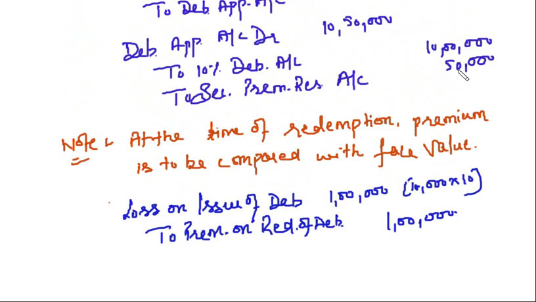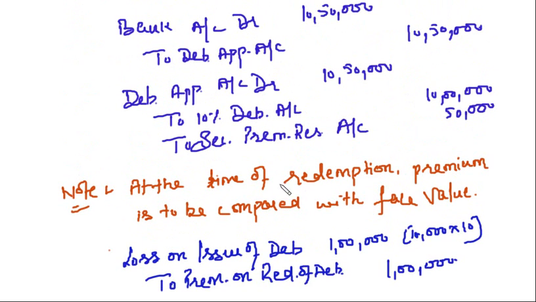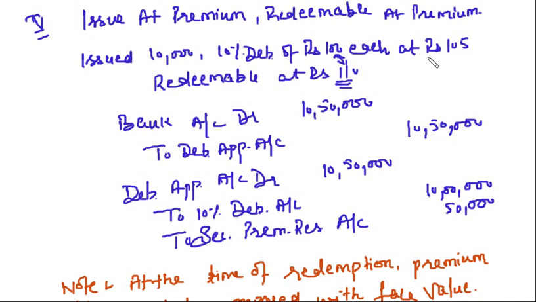Clear? So this is one important point, that at the time of redemption, always compare the premium with face value and do not compare with this 105. Always compare with 100. So whatever is over and above the face value is your premium. Clear, friends? Is it clear?